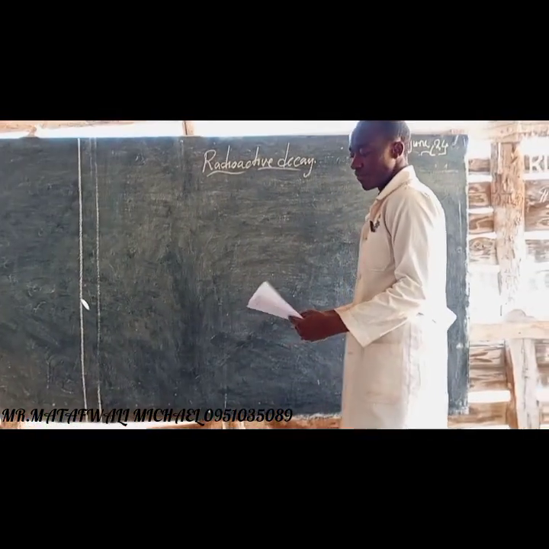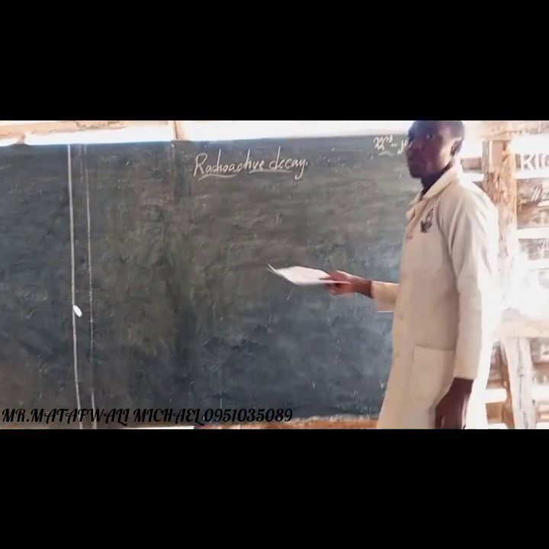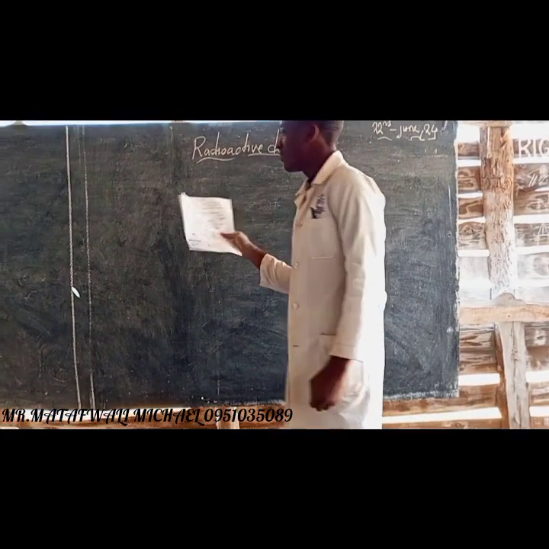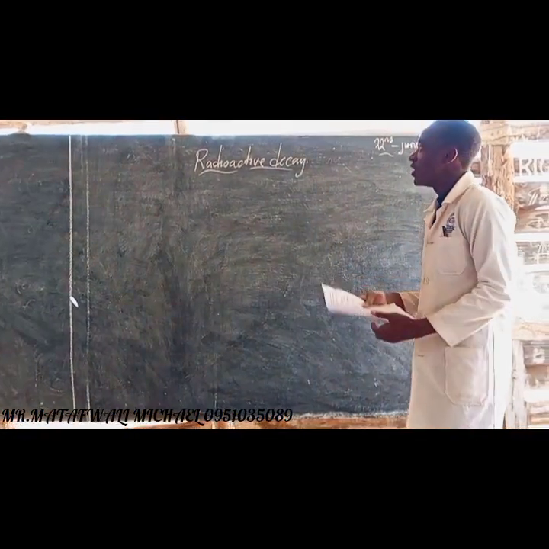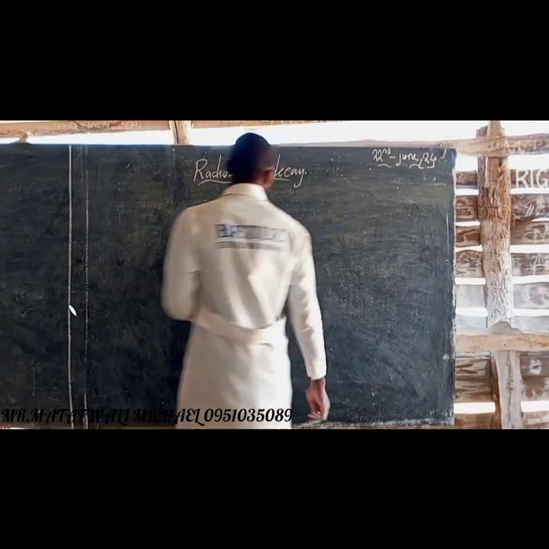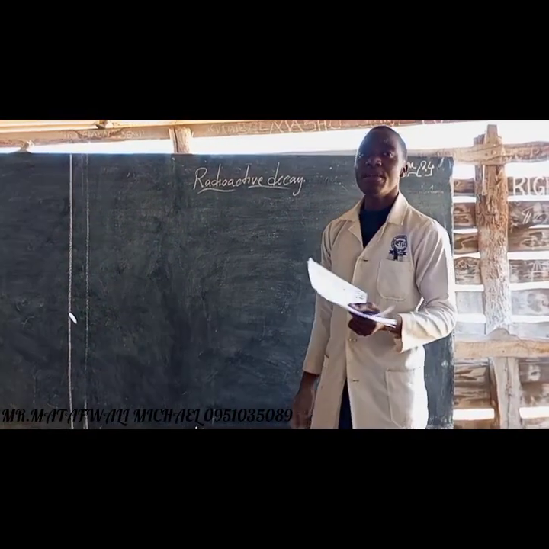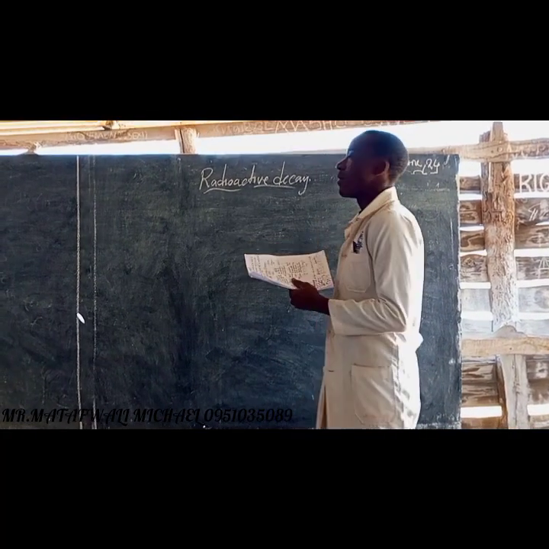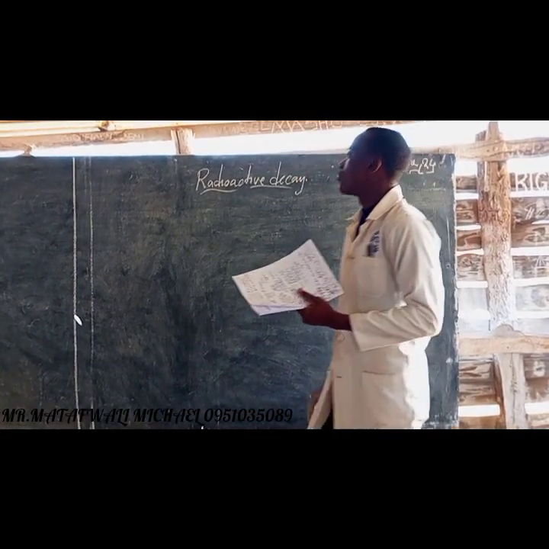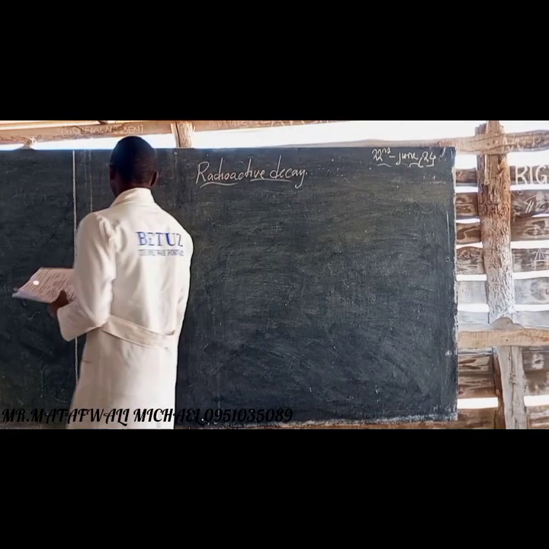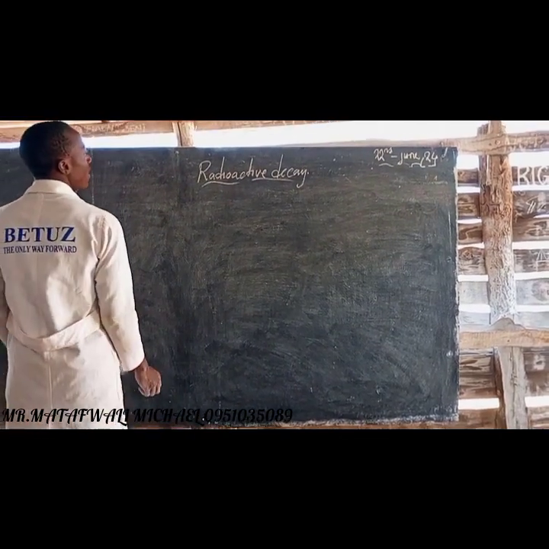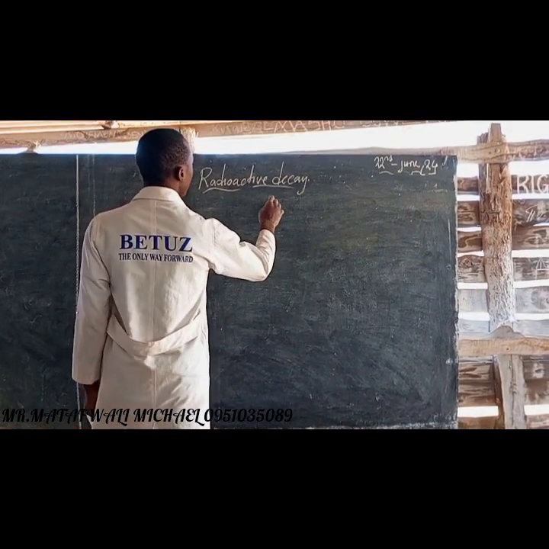Before we dive into solving questions on radioactive decay, we first have to understand the meaning of radioactive decay. Radioactive decay is simply the changes that take place when an element emits alpha particles, beta particles or a gamma ray. So we have alpha decay, beta decay, and gamma decay.